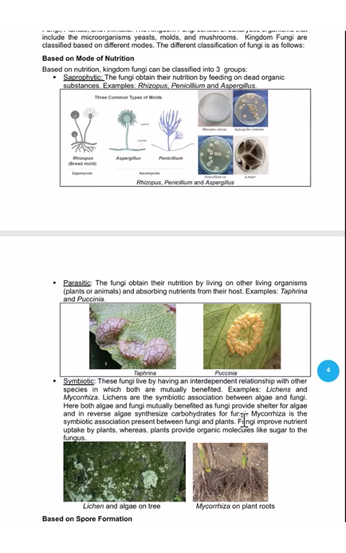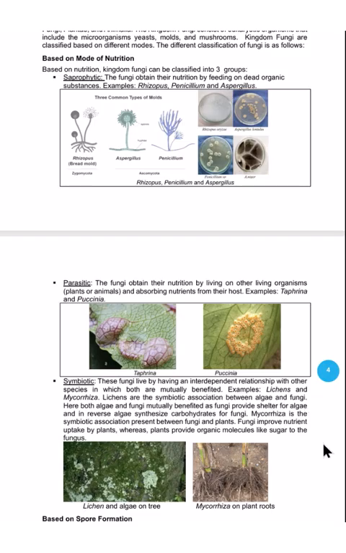So here the algae and the fungi have mutual benefit. The fungi provide the shelter for algae, while the algae synthesize carbohydrates for fungi. So the fungi make use of these carbohydrates and store them within their cells as inclusion granules.